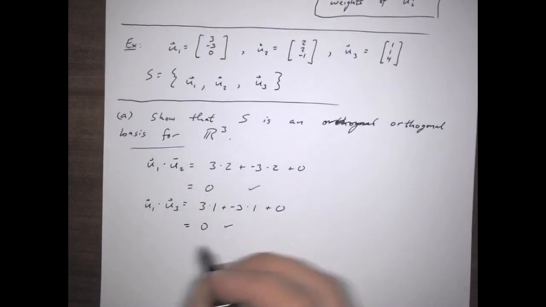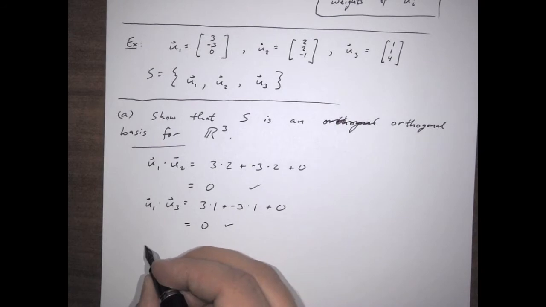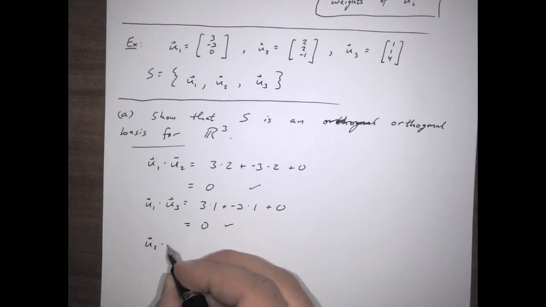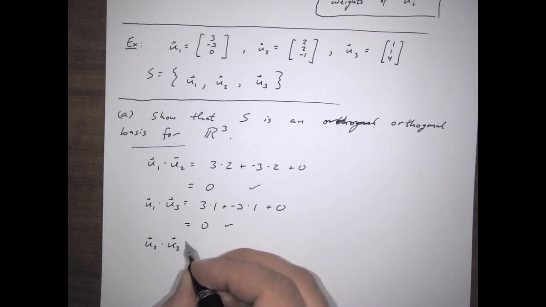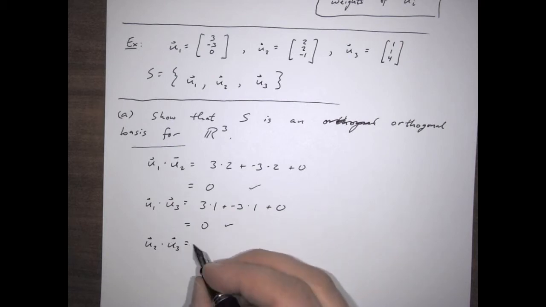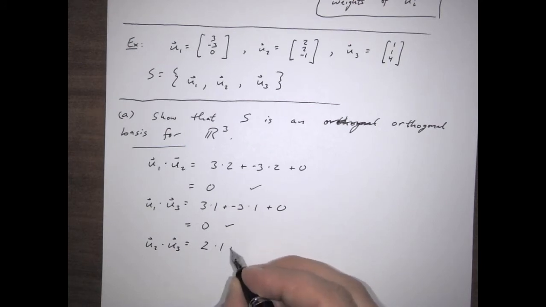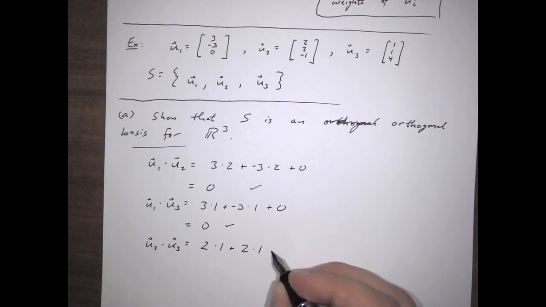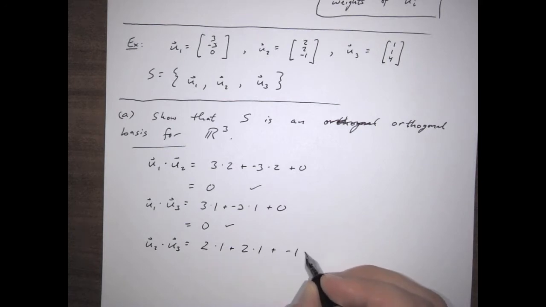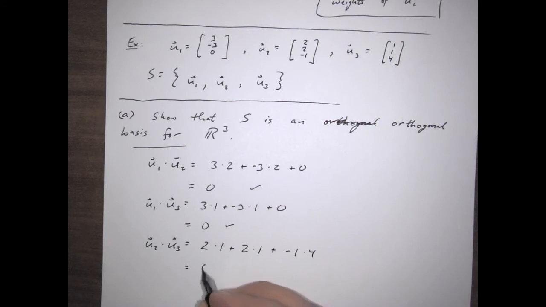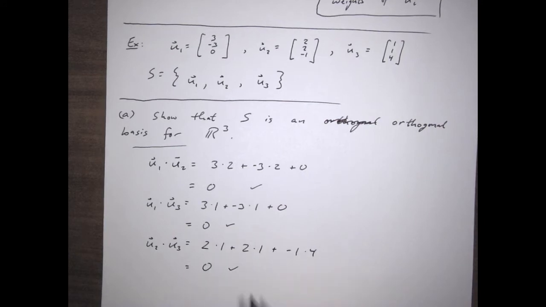Check. And let's check with u2 and u3. So u2 dot u3 is equal to 2 times 1 plus 2 times 1 plus negative 1 times 4, which is going to equal 4 minus 4 equals 0. Check. Okay, so it is indeed an orthogonal basis for R3.